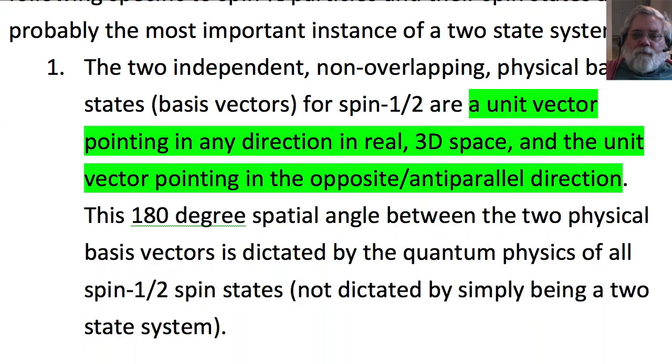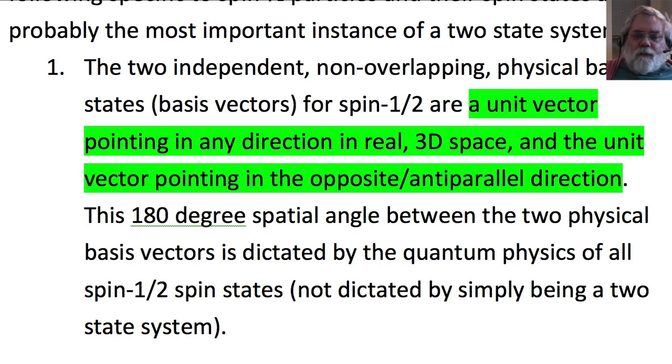For spin 1/2 particles, whether they're electrons, quarks, neutrinos, protons, neutrons, the two independent non-overlapping physical basis states, basis vectors, for spin 1/2 are a unit vector pointing in any direction in real three-dimensional space and the unit vector pointing in the opposite antiparallel direction.